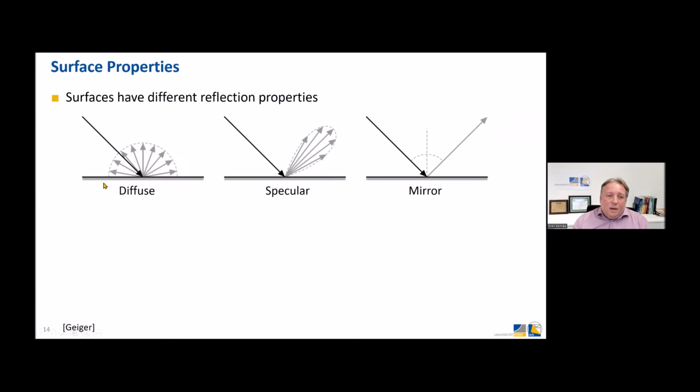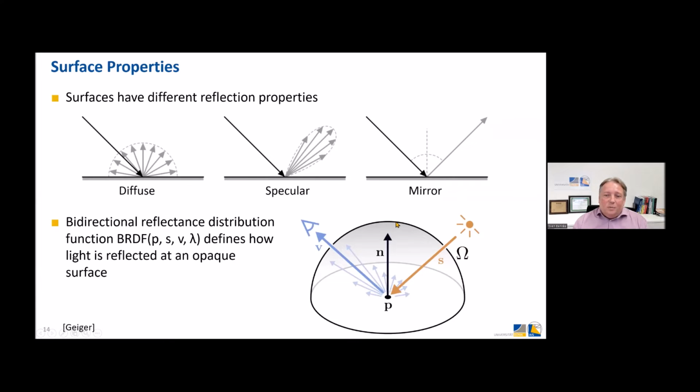This Lambertian reflectance in all directions is nice, but often we also have specular surfaces where light is preferably reflected in a particular direction, or maybe even surfaces like a mirror.